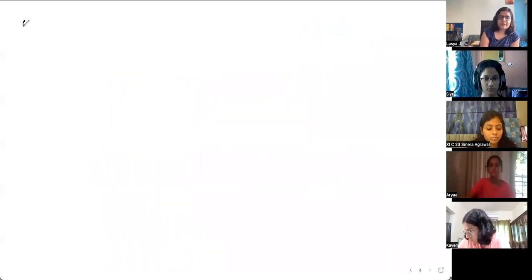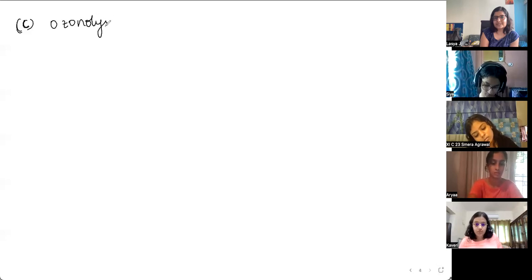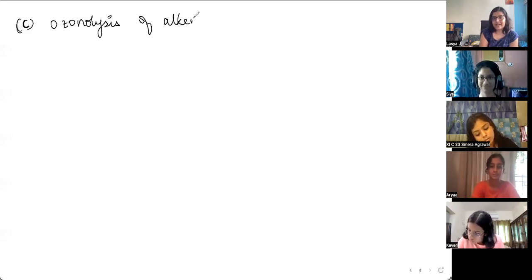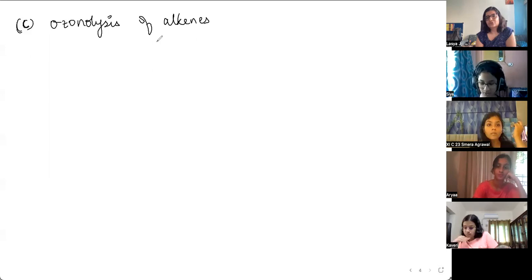Then, the third method. I don't know if you remember ozonolysis of alkenes. This is a characteristic reaction of alkenes. Alkynes will also react, but mainly alkenes are used.